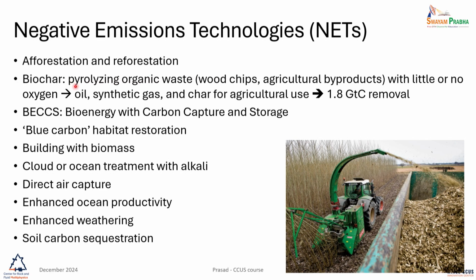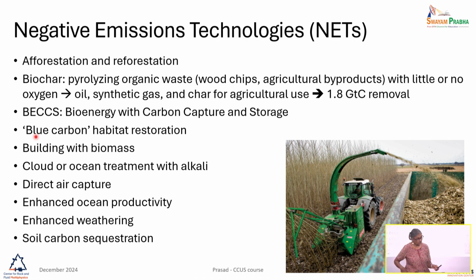There is a potential, if we do that, to remove 1.8, almost 2 gigatons of carbon. We have BECCS, the bioenergy with carbon capture and storage. We have blue carbon, and there is a graphic that we'll look at in a minute to see what all of these imply for ocean type of carbon capture.